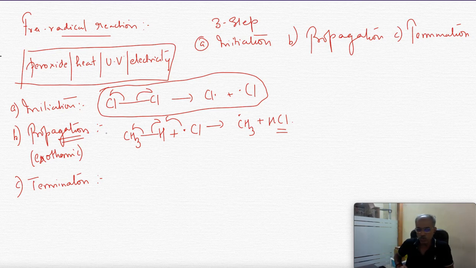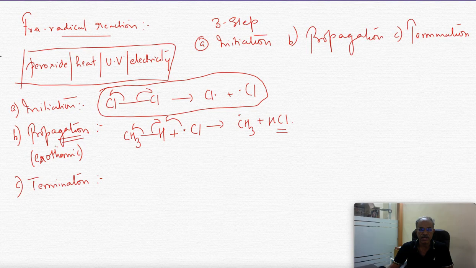If there is no chlorine radical, then the reaction will be terminated, and there will be no formation of methyl radical, right? So the culprit is the chlorine radical.